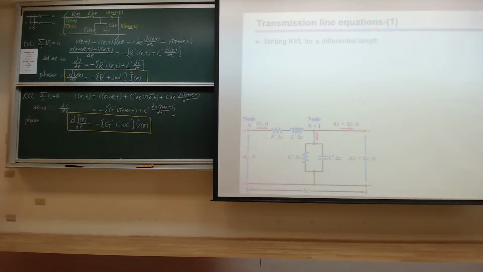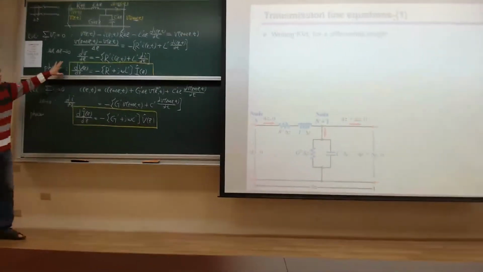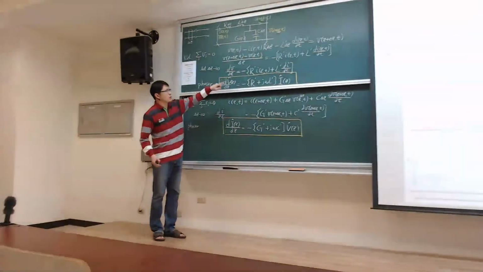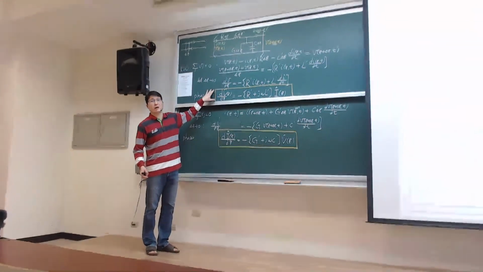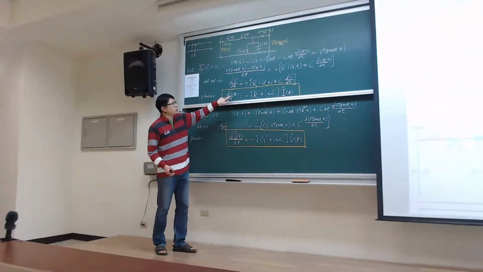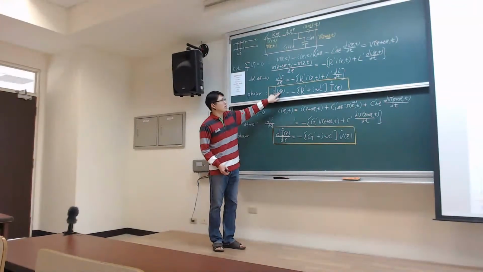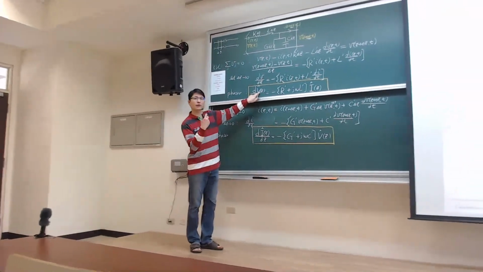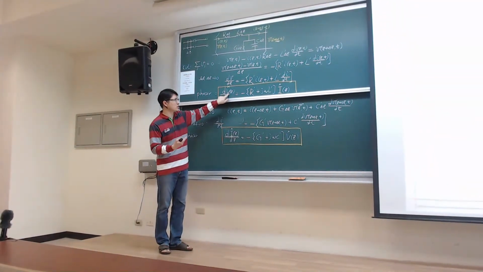So with the help of Kirchhoff's voltage and current laws, I came up with 2 simple equations. But when you take a look at the 2 equations circled by yellow, for one equation, I'm trying to solve the differential change in voltage.